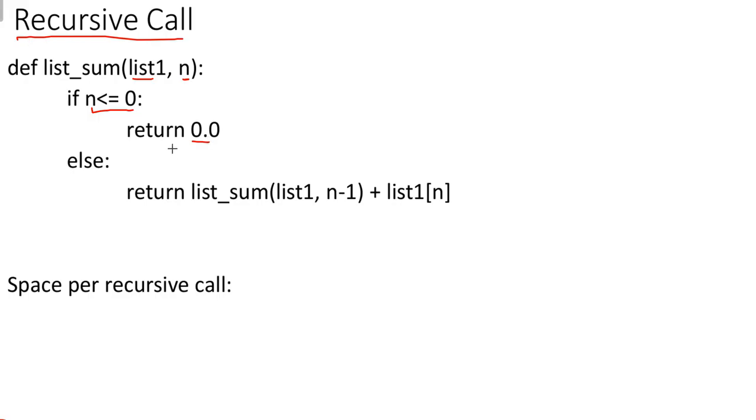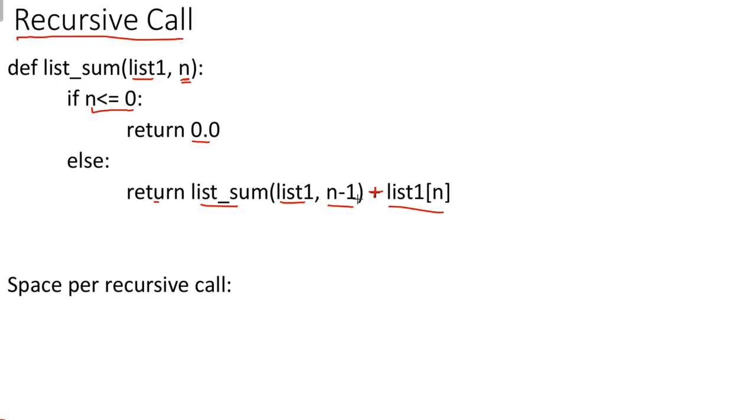It's assumed the index starts from 1, or it might be asking for the number of elements in that particular list. Okay, so else it is returning list sum. Again, the same function is called, but with the list and the number of elements as n minus 1, and in that it is adding list 1 of n.